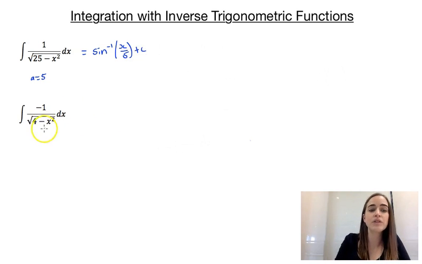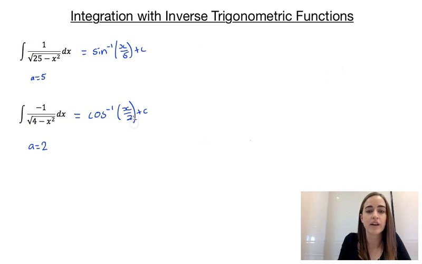Our second example, if we have a look in that denominator, we can see that our a is going to be 2 because 2 squared is 4. Now because of that minus, we have two ways we could write this solution. We could write it as cos inverse of x on 2 plus c, or we could write it as being equal to minus sine inverse of x on 2 plus c, and they're equivalent, so they're both correct.